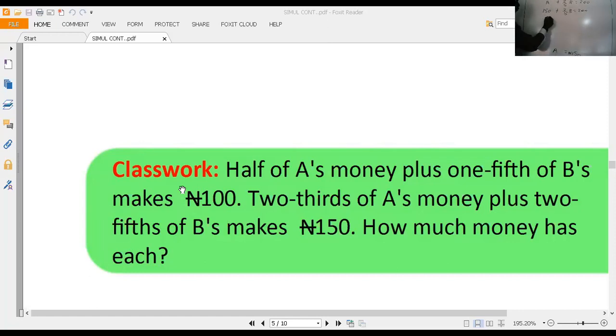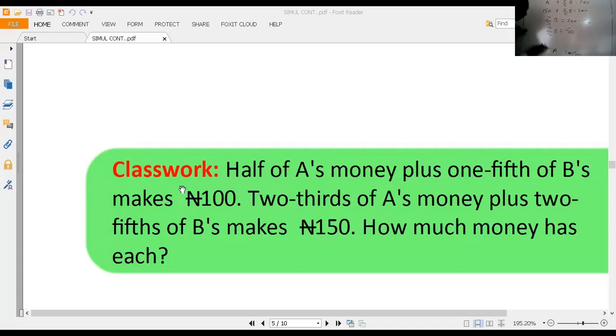You have 2 over 5b. You subtract 150 from both sides of the equation. You'll be left with 200 minus 150, and that will be 50. So you have 2 over 5b equals 50.